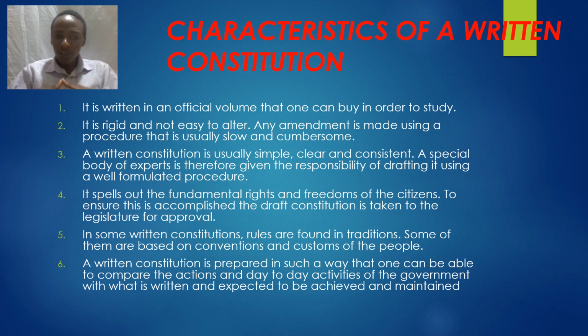It is in one official volume that you can buy yourself and read. Another characteristic is that it is rigid and not easy to alter. An amendment is made using a procedure that is usually slow and cumbersome.